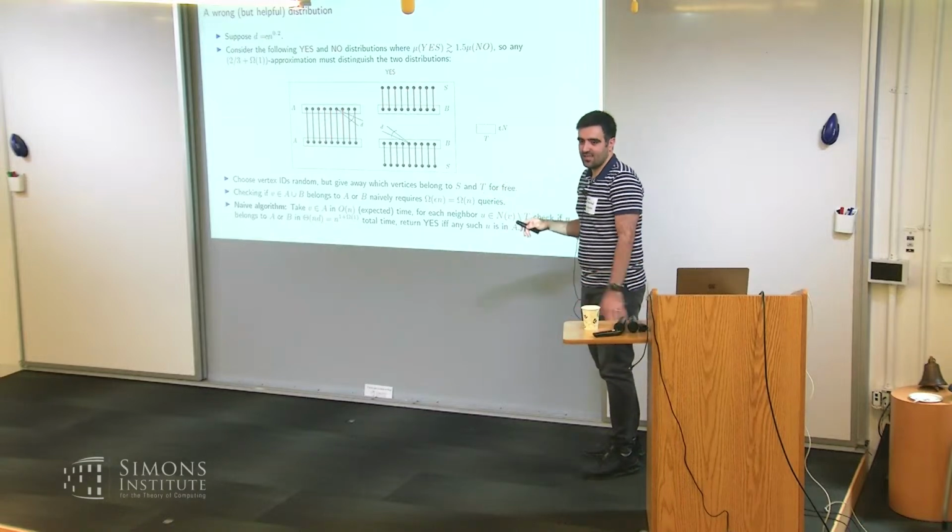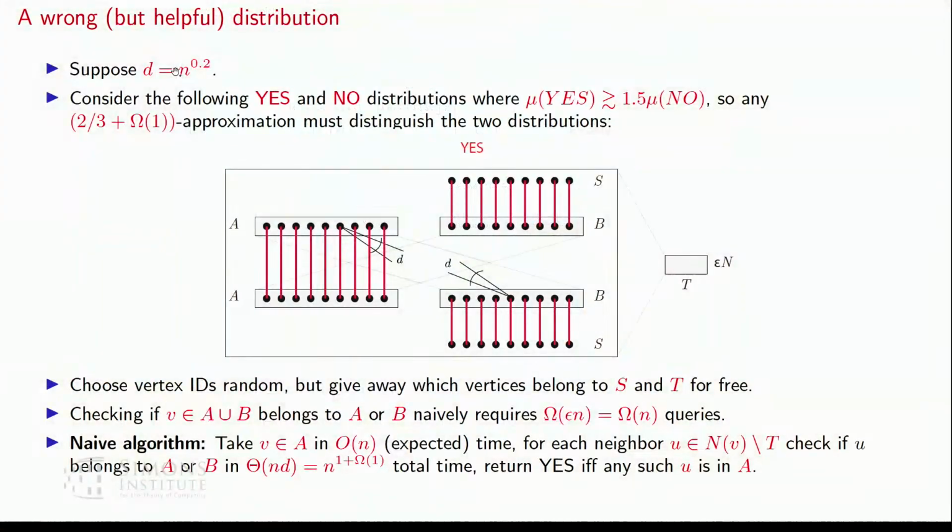But that's not hard to hide. So you can use similar tricks, as in including stars, or maybe adding them to B or something. So let's not use the degrees. That's a good point. So in the distribution that I mentioned, you can actually use the degrees and distinguish the two very fast.